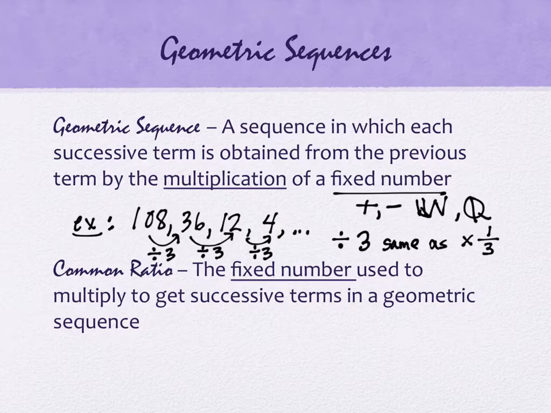Because there's always a multiplication factor associated when there's a division process going on. And when that happens, the common ratio, that fixed number, we call it R. In this case, it would be the number 1/3. And again, that R can be positive or negative. Most of the time, it's not going to be fractions, but it could be as we're working with these.